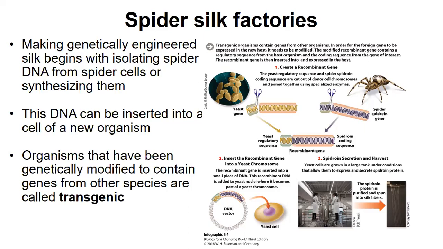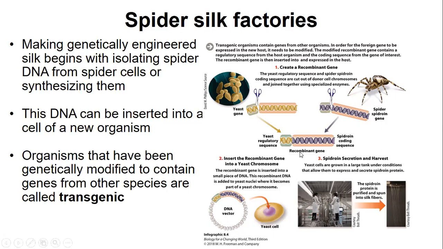So what do we do? We have to isolate the genes that we want and then insert them into the yeast cell. So for example, right here is the gene of interest from the spider. And here is a gene known as a regulatory gene. We're going to combine these two. Of course, ladies and gentlemen, this is the simplest terms I can break it down to.